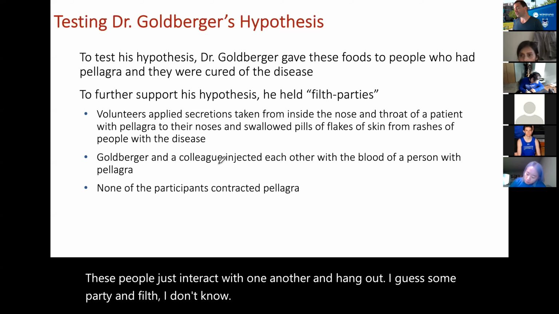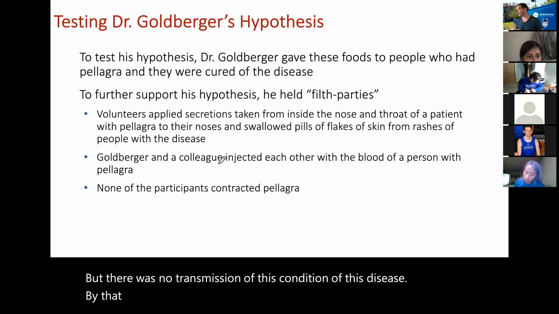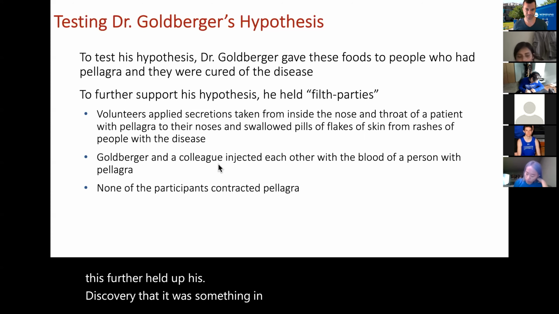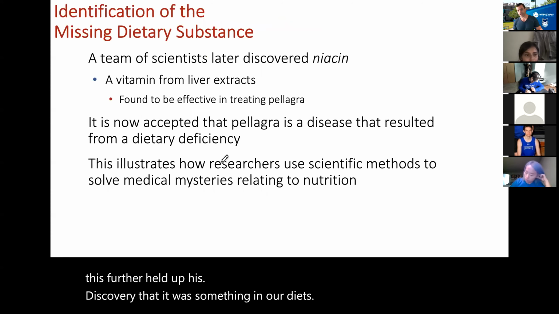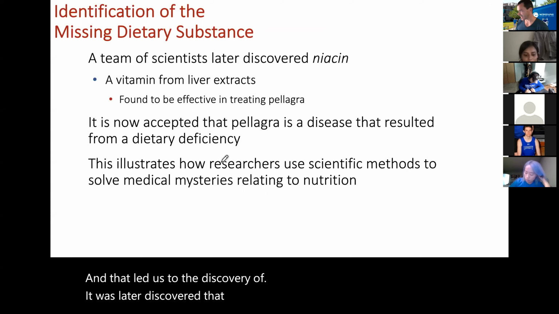But there was no transmission of this condition, of this disease, by that. This further held up his discovery that it was something in our diets. And that led us to the discovery of vitamins. It was later discovered that it was niacin that was lacking from their diets.